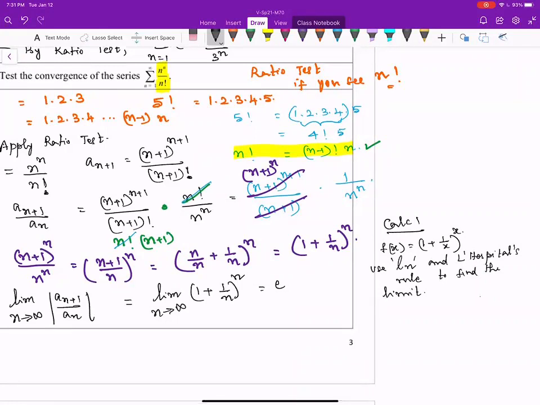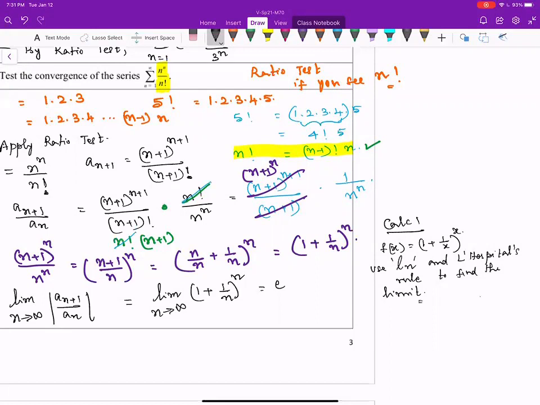So you would find that ln of f(x) would be equal to 1 as x is approaching infinity. That means that the limit of f(x) would be equal to e.